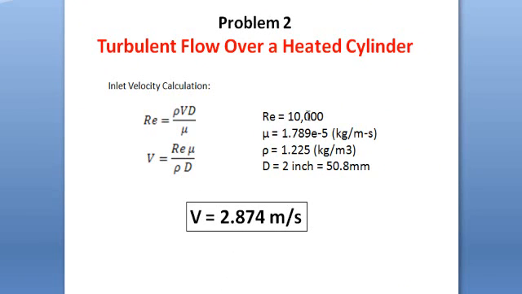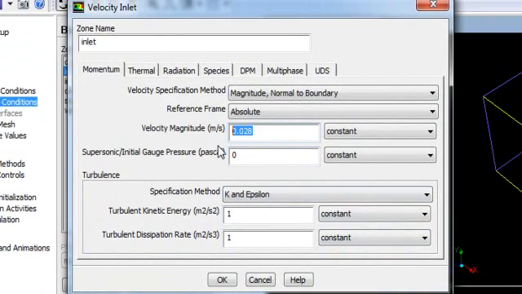As you can see, the Reynolds number right now is 10,000, and the dynamic viscosity is this based on the material property, also the density based on the material property, and our characteristic length is the diameter, that is 2 inch. So if you put all of these values here, you will get the velocity 2.874 meter per second. So this is the velocity we need for Reynolds number 10,000. So put it 2.874.